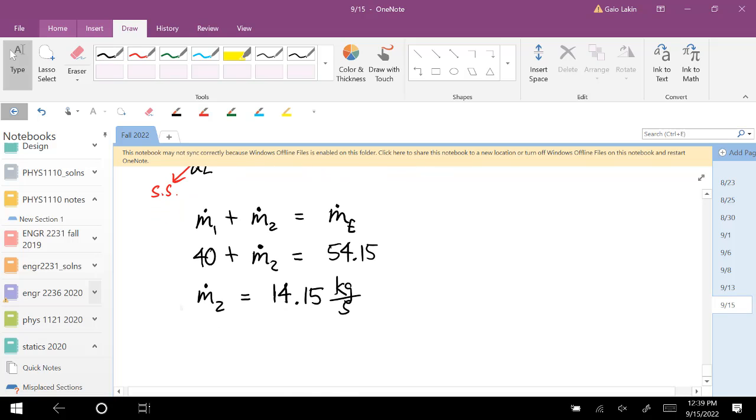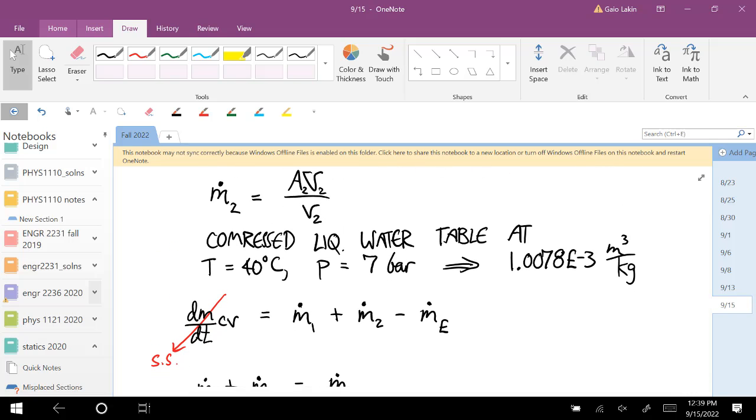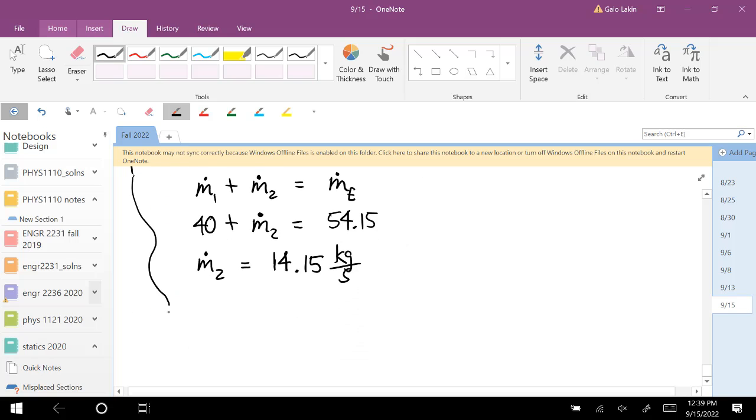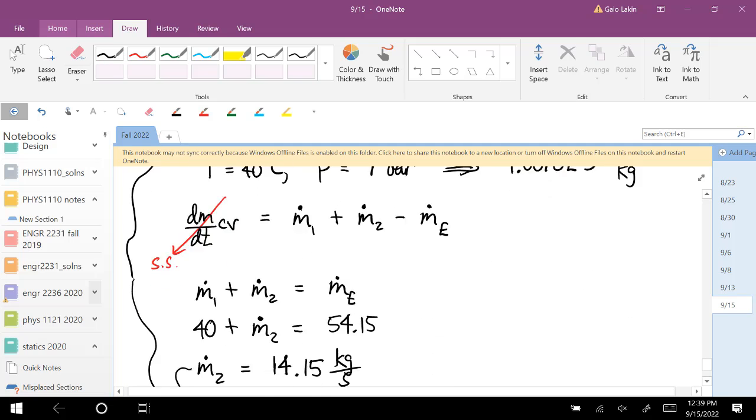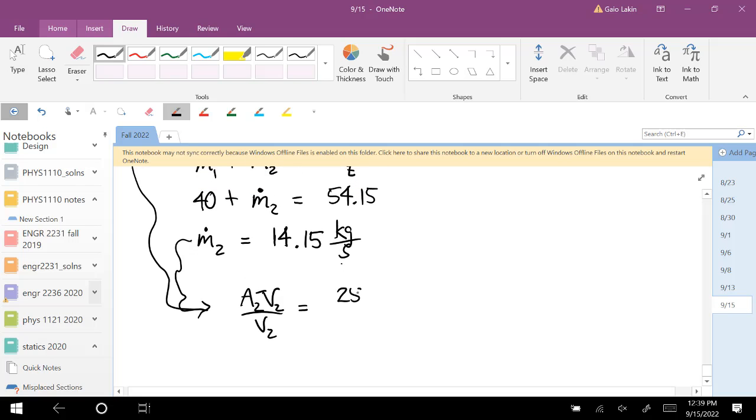And then once we have that, we can use that to calculate the speed. So these two together: A2 times the speed 2 divided by the specific volume at 2 is equal to, the area was 25 times 10 to the minus fourth, the specific volume was 1.0078 times 10 to the minus third, we don't know the speed, and that's equal to 14.15 kilograms per second.